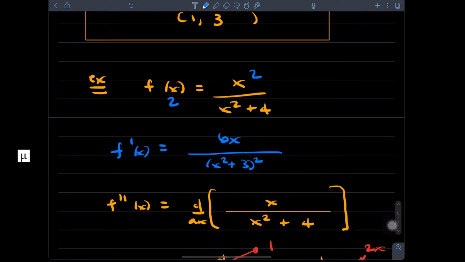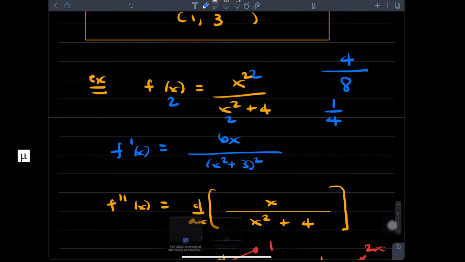2 squared is 4, and what's 4 plus 4? So this is really 1/4. Is that right? Oh, let me be careful. That was x squared. So 2 squared is 4, and then 4/8 is 1/2. Yes. But notice something. It doesn't matter if that 2 is positive or negative, does it? Because when you square it, doesn't it make it positive?